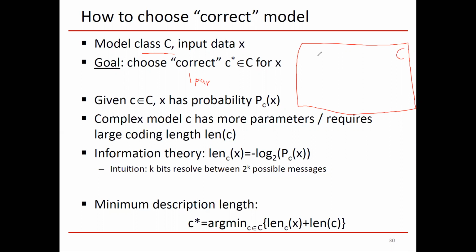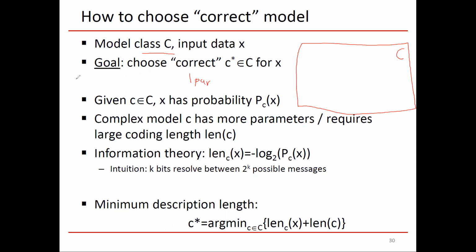If x has n entries, it could be square root of n or n cubed, or some relationship with the number of possible parameter values, each of them corresponding to a specific model. These are all going to be in the model class capital C.